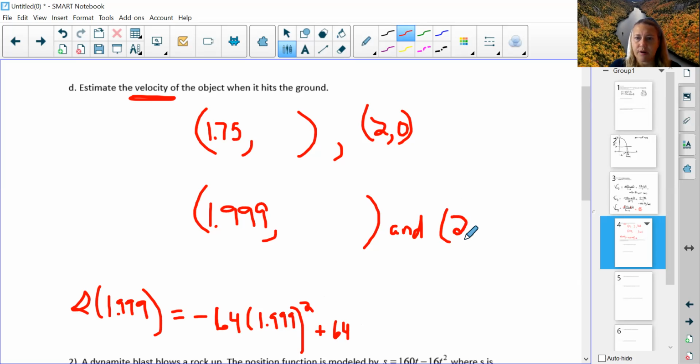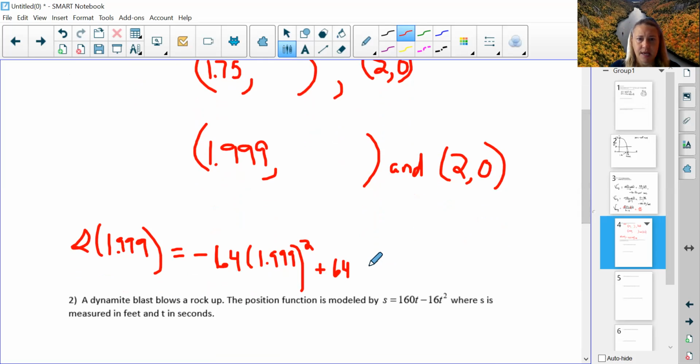And then I get the point 2, 0. When I type that into my calculator, don't round off too quickly. Take all those decimal values. So 0.6063984. That's what goes in here.